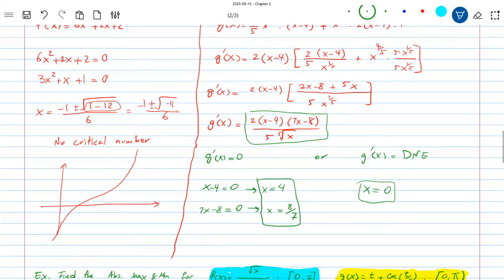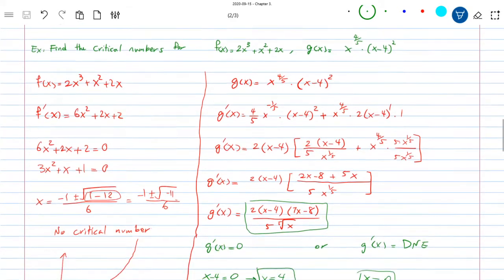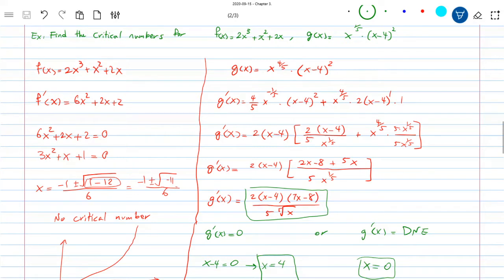That means these points are candidates to be a local maximum or local minimum. That's what it means to have a critical number. Not always will that be the case. Sometimes you have a critical number that is not a local max or local min, something like x cubed. X cubed has a point where the derivative is 0, but it's not a local maximum or minimum.